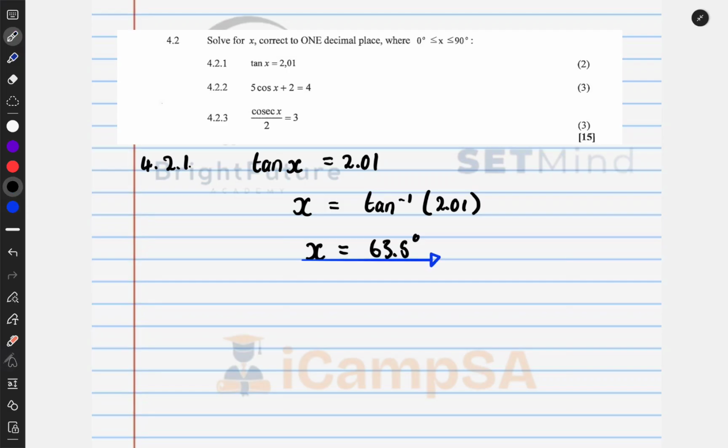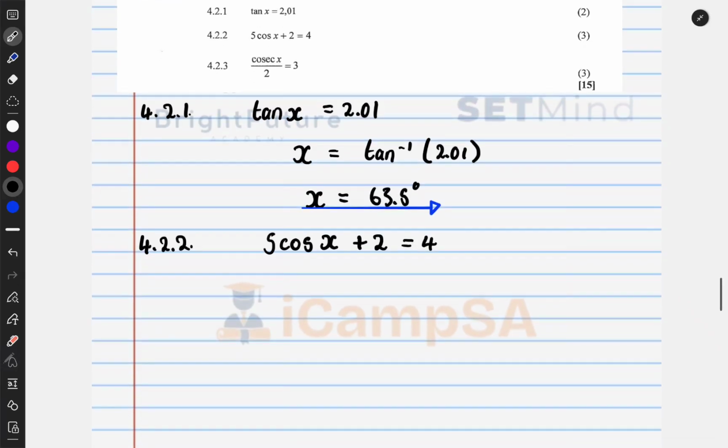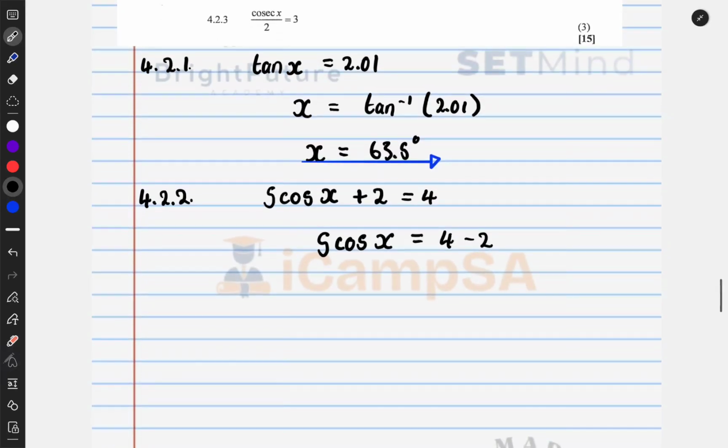And then let's go ahead to 4.2.2. We have 5 cos x plus 2 is equal to 4. Let's start by taking 2 to the other side. We're going to be left with 5 cos x is equal to 4 minus 2, which is 2, and then the next step is to divide by 5 on both sides.